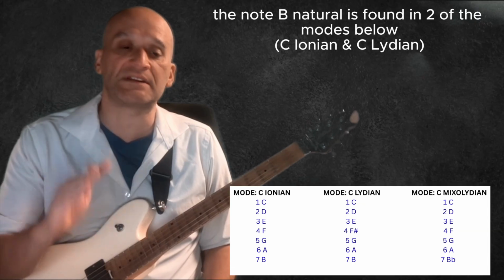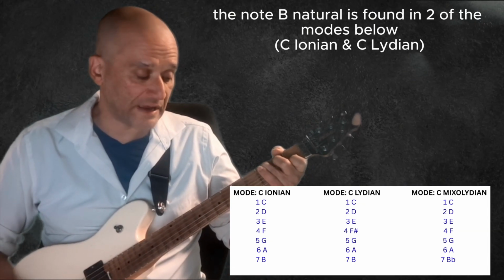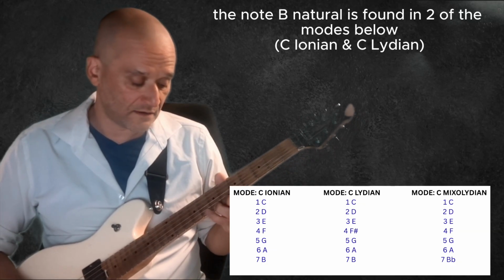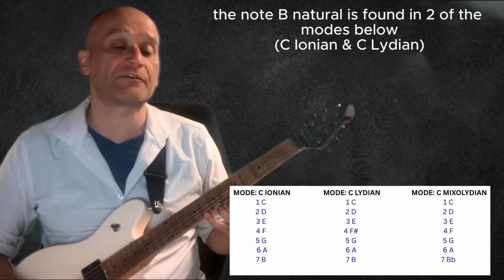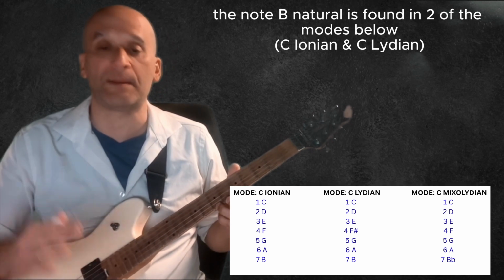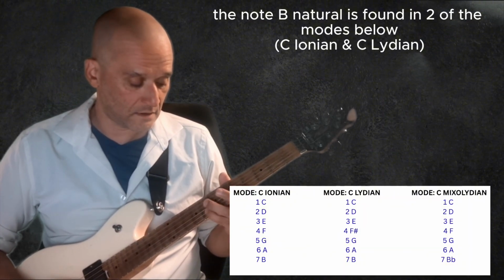Well, it's found in C Ionian. So again, if someone's playing a C chord and you decide, hey, I'm going to treat that as the 1 chord of C, then you are 6/7 of the way there. Oh, by the way, that B is also found in C Lydian, isn't it?